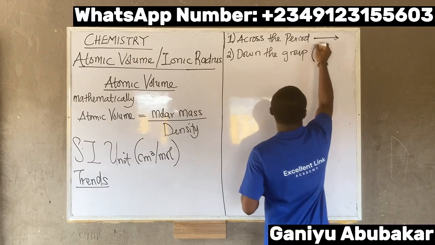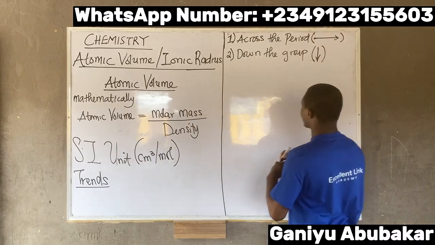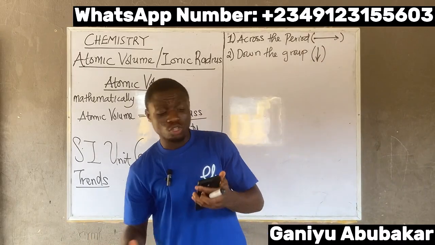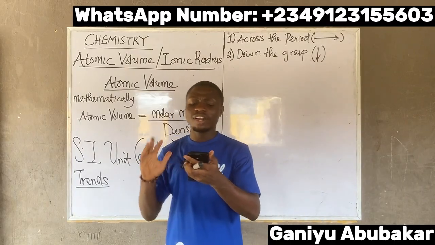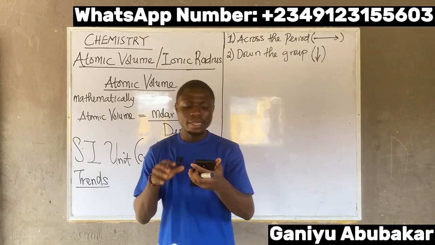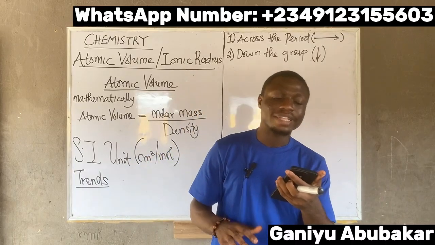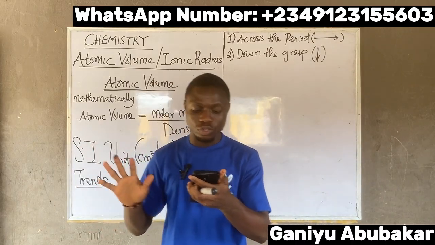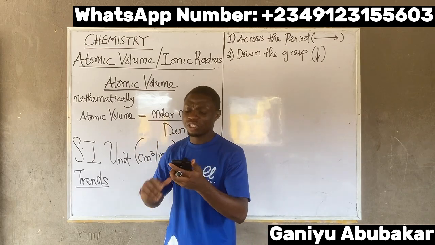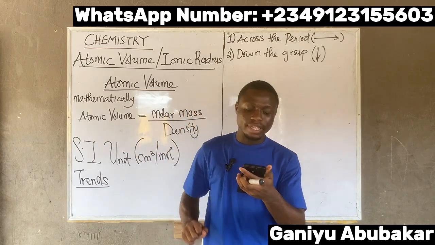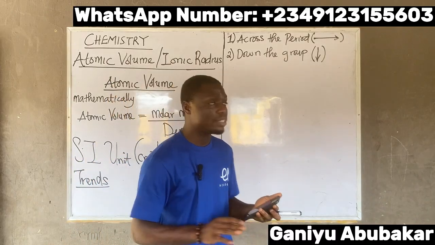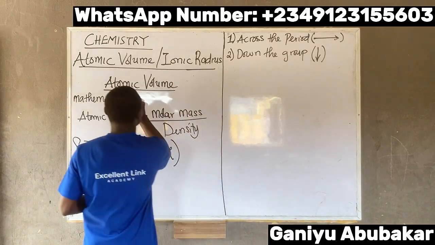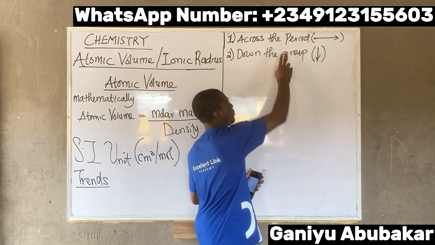Don't forget the direction you are moving. For across the period, atomic volume generally decreases, then may slightly increase at the end. That is the trend across the period.